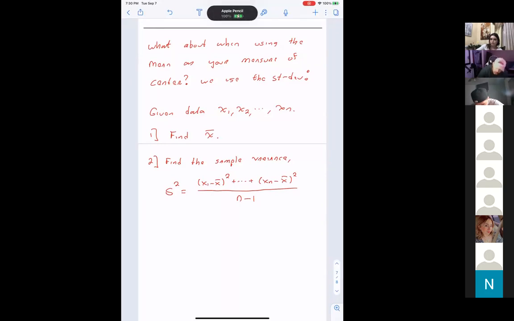So what do we do? After you find the mean, you take each of your data points, x1, x2, x3, all the way through xn. You subtract the mean, square them all, add them all together, and then divide by n minus 1, which is 1 fewer than the number of data points. Finally, step 3, find the standard deviation, S, which is nothing more than the square root of S squared.